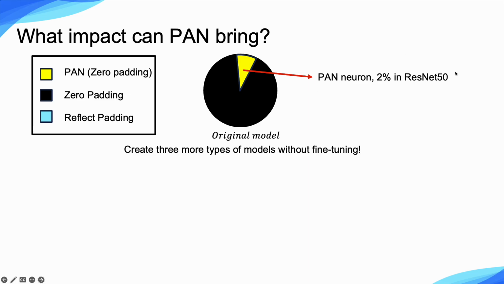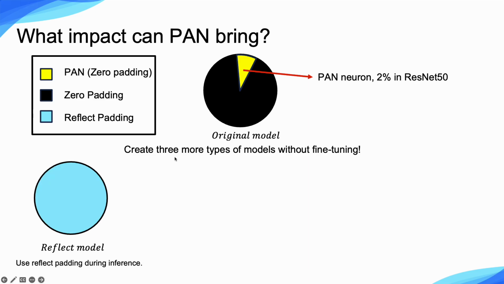In the ResNet case, they found about 2% is a pen neuron. And they create 3 more types of model without fine-tuning. First, they create a model called reflect model. They use reflect padding during the whole inference, so they replace all padding from zero padding to reflect padding.